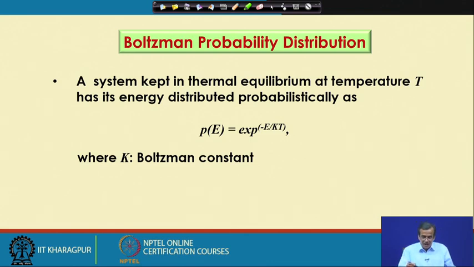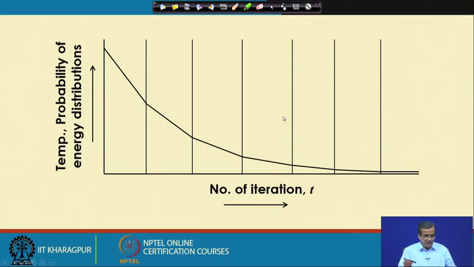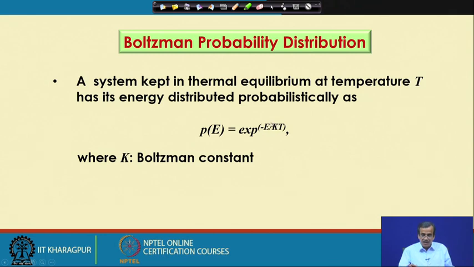If I take a higher value for T, then lower will be E by T, because k is 1 here. So, the higher the value of T, the lower will be E by T, and the exponential of E by T will be low, and that means 1 divided by E raised to the power E by T will have a high value.